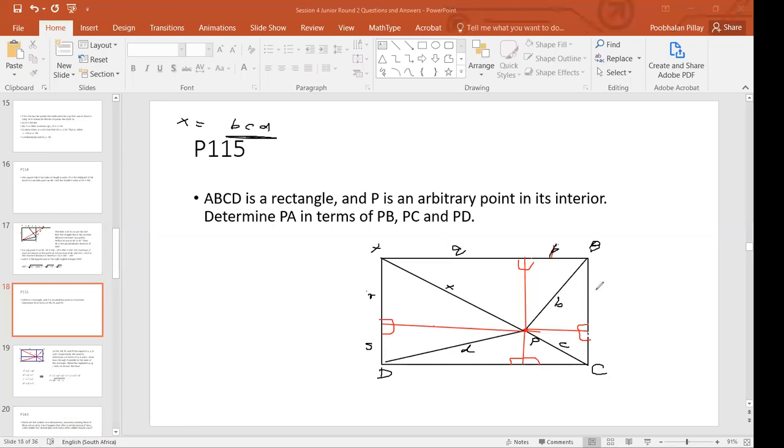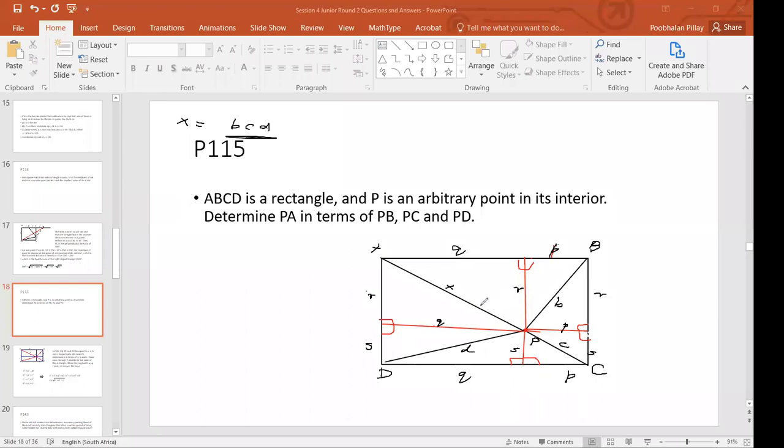Then you can see that this is also going to be R here, and this is going to be P here, and this is going to be Q. In fact, even this is Q here, this red part here, all these are equal. And this is P here. And here, this will be R again, and this will be S. All these will be S.